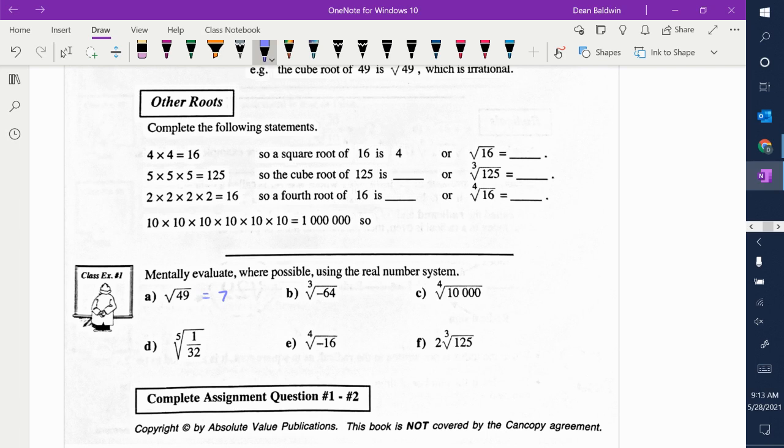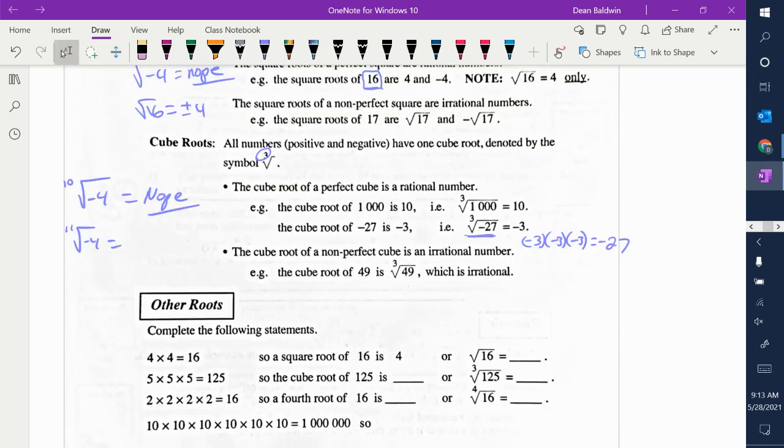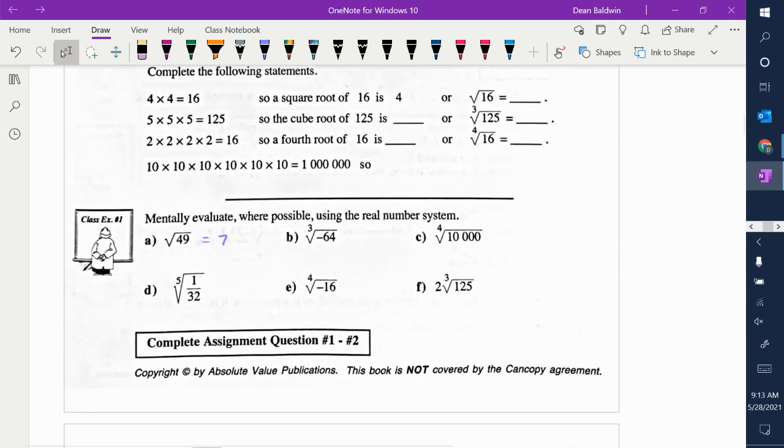So if the root is already there, just give me the positive root. I said the square root of 16 is plus or minus 4. That is true, but that's when you're adding a root in. So for right now, and I'll be very clear about this on tests or quizzes, if the root is already there, just give me the positive root. Okay?